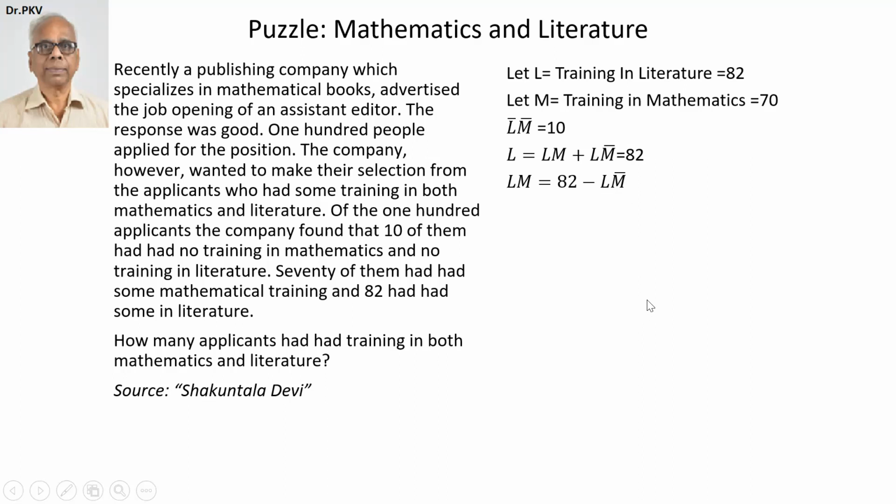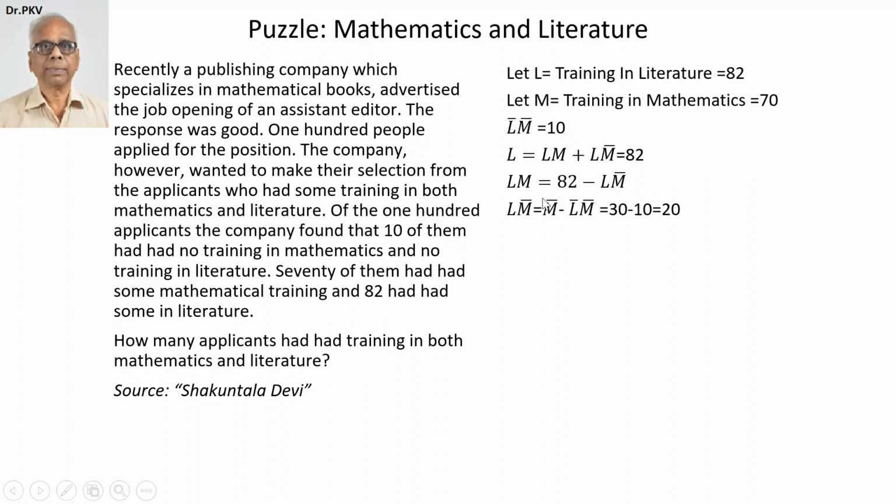Now, LM bar, if you use the Boolean part, equals 1 minus L bar into M bar, since L plus L bar is 1. Therefore, this part, L, I can write as 1 minus L bar. Then this will become M bar minus L bar M bar.